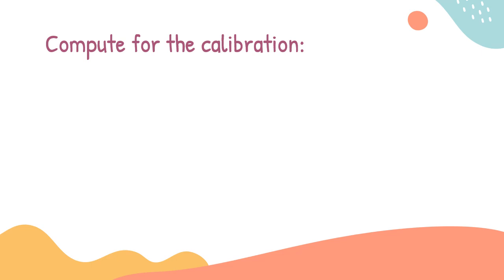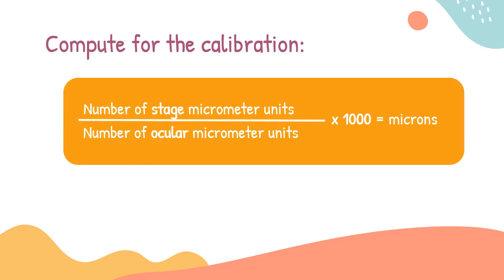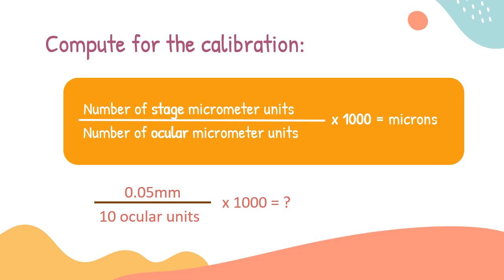Okay, so the formula again is number of stage micrometer units over number of ocular micrometer units times 1000 is equal to microns. Okay, so do you remember the stage unit? It was 0.05 millimeters divided by 10 ocular units times 1000. So the answer you will get is 5 microns.